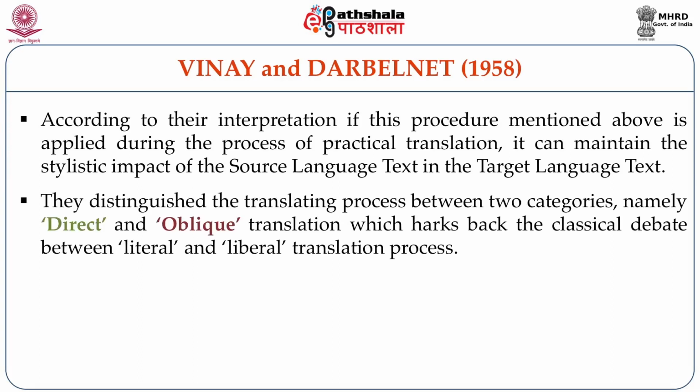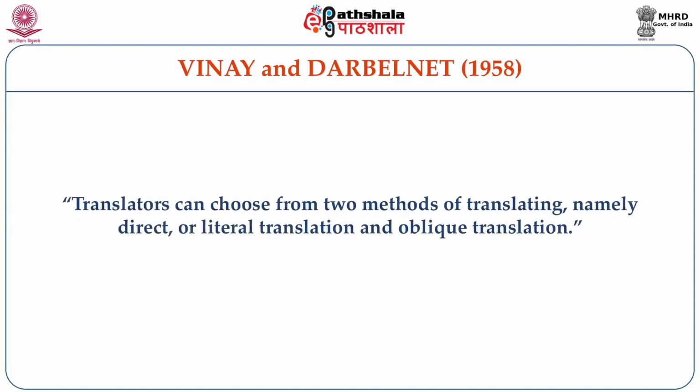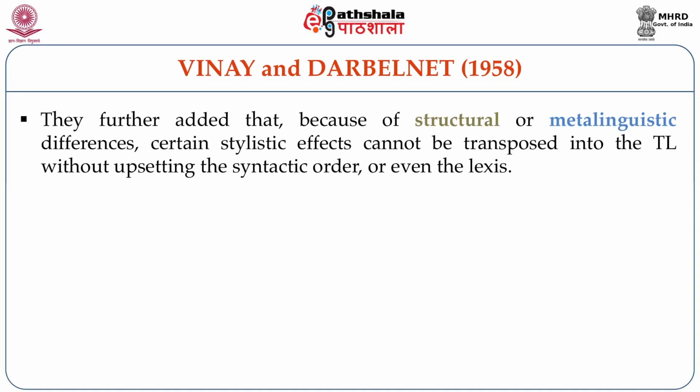They distinguish the translating process into two categories, namely direct and oblique translation, which harks back to the classical debate between literal and liberal translation. Translators can choose from two methods of translating, namely direct or literal translation and oblique translation. They further added, I quote, because of structural or metalinguistic differences, certain stylistic effects cannot be transposed into the target language without upsetting the syntactic order or even the lexis.